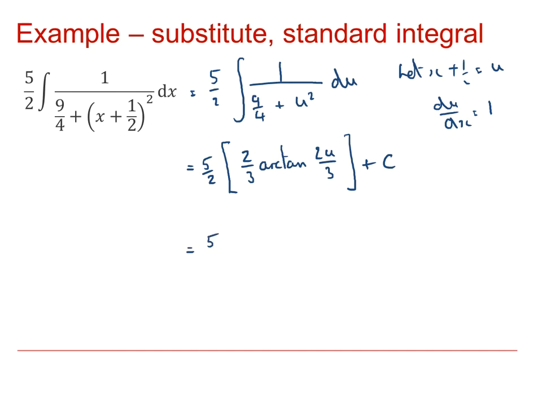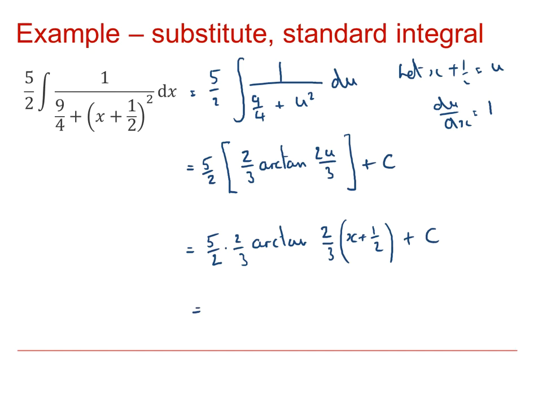We've got 5 over 2 multiplied by 2 over 3 arctan, and then instead of u we can write in x plus 1/2, so we get 2 over 3 and then brackets x plus 1/2 plus c. We can simplify that a little bit.